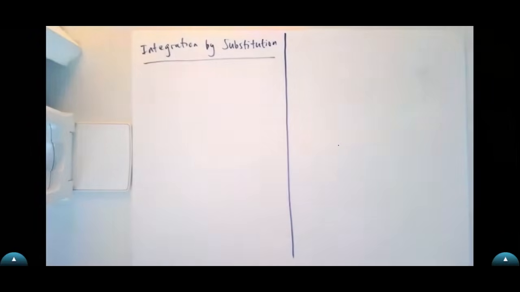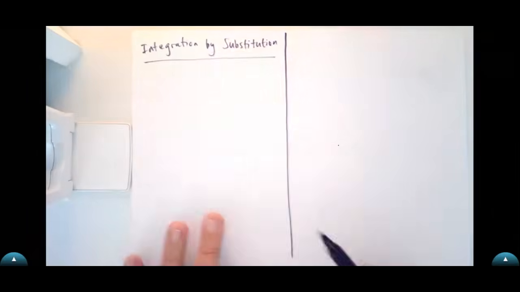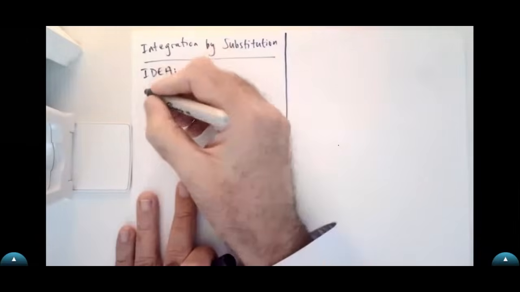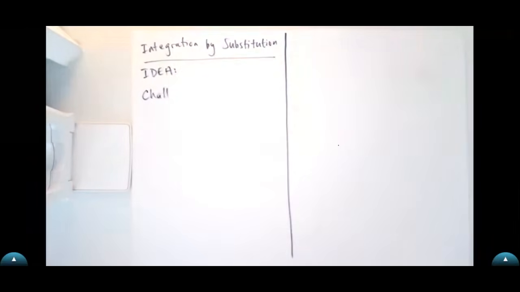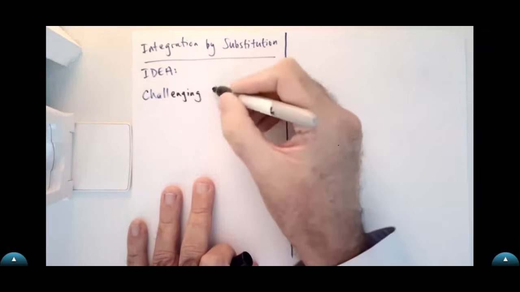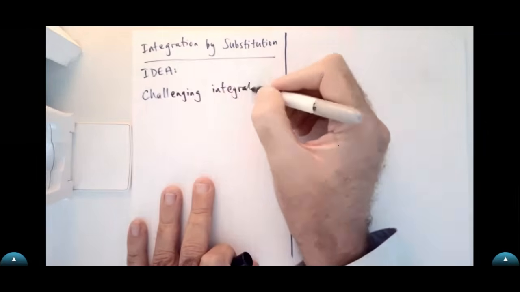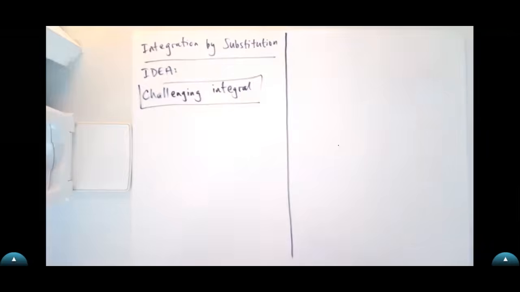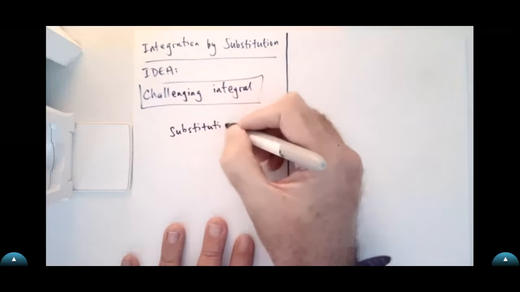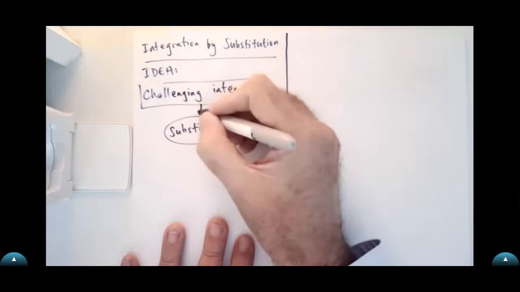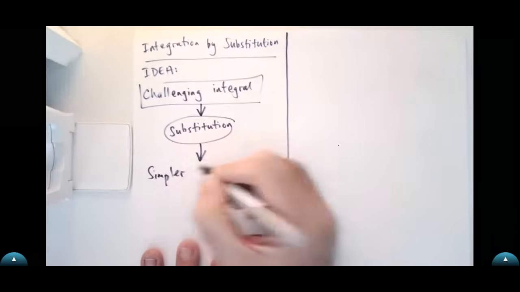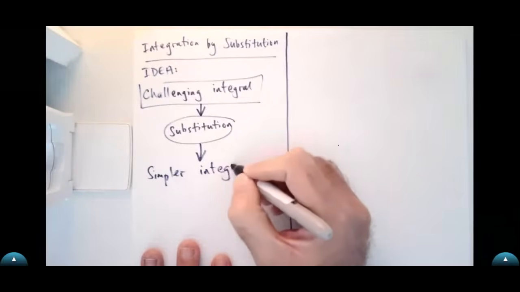The idea is that you've got a challenging integral, and you make a substitution, and what you get out is a simpler integral.